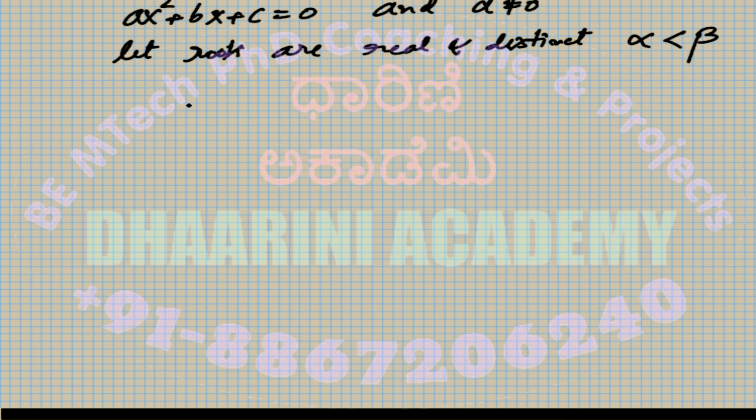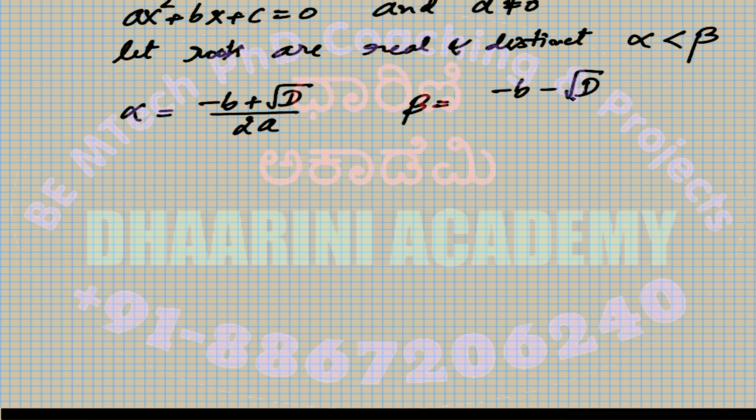Okay, to start with, let's write what is alpha. Once again, this we already know, minus b plus root of d divided by 2a, and the second root beta can be calculated as minus b minus root d divided by 2a.